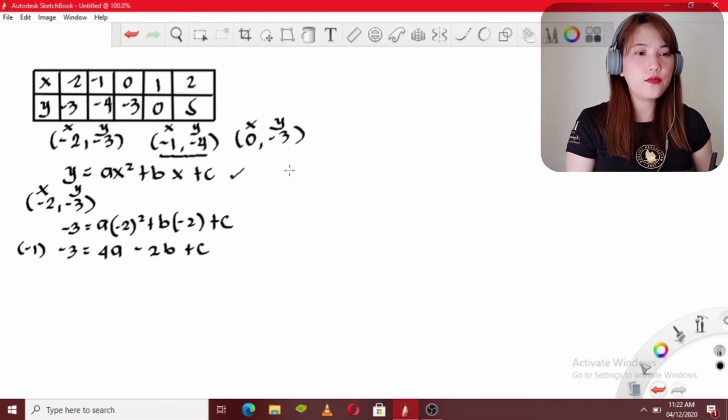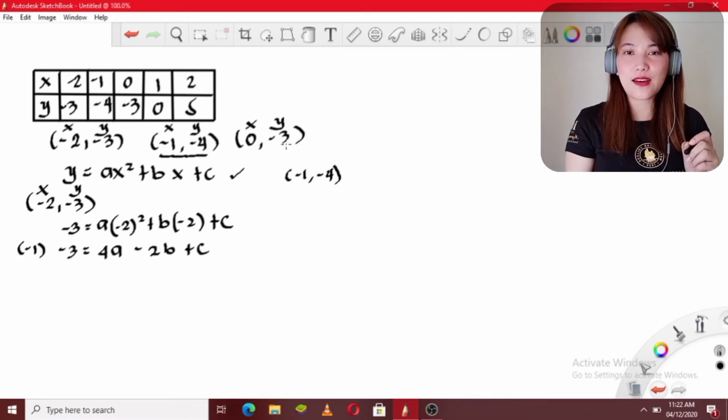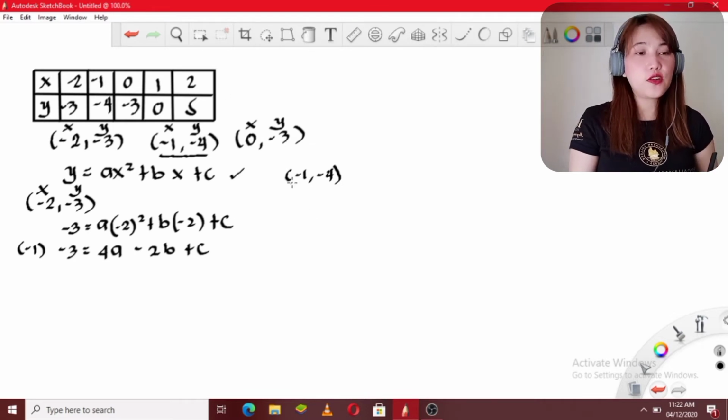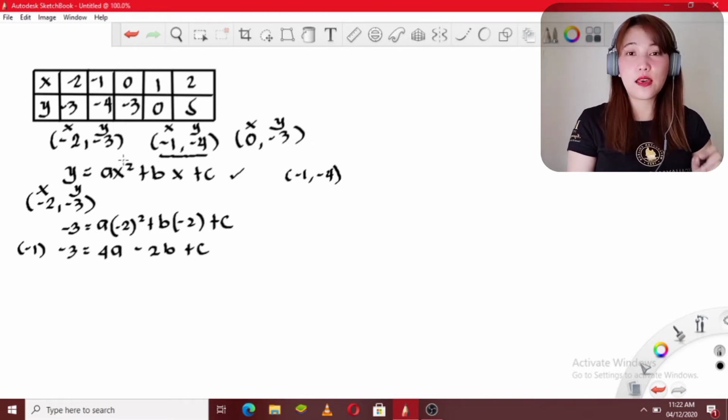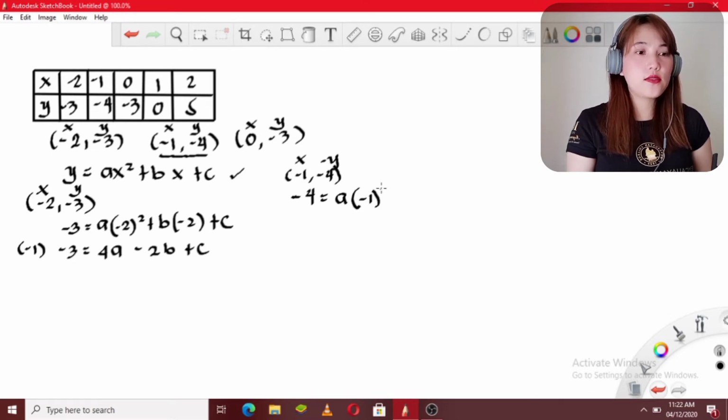Okay? Next, dito tayo sa second point. Negative 1, negative 4. The same thing ang gagawin natin. We will substitute x and y sa standard form ng quadratic function, which is y equals ax squared plus bx plus c. So, ito nga ulit ang x natin, negative 1, and y is negative 4. So, y, that is negative 4, equals a times x squared, our x is negative 1, plus bx.